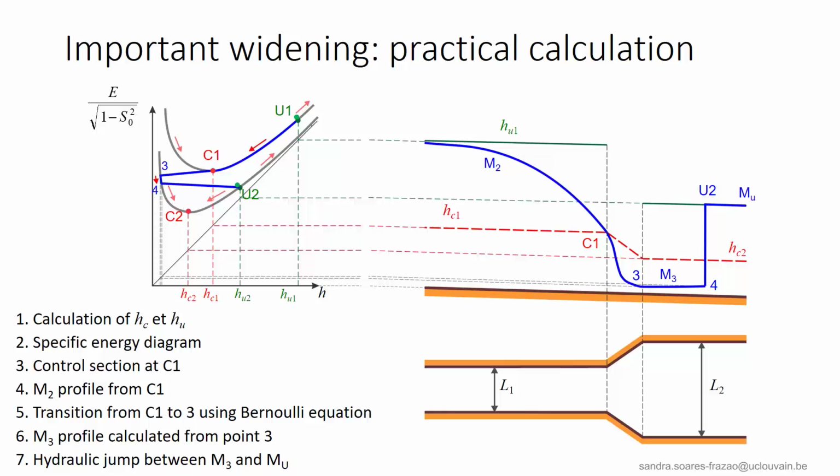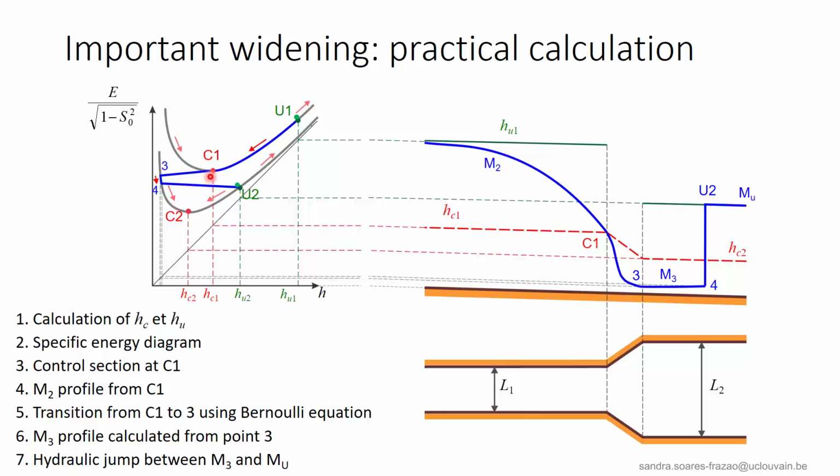The key steps of the calculation are summarized here. Again, we first calculate HC and HU in both reaches, as usual. From the specific energy diagram, we see that a direct transition to U2 is impossible, so we will have a control section at C1.